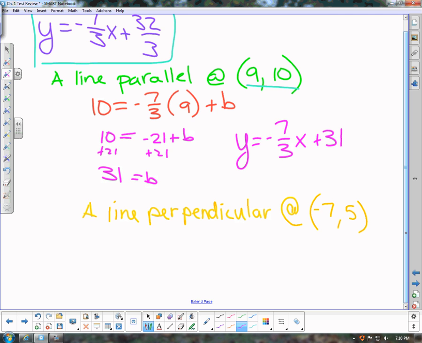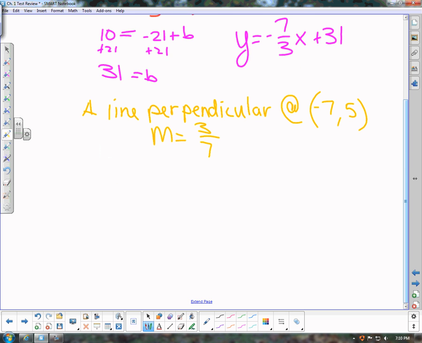In our next example, we want to go with a perpendicular line to that one. And remember, with perpendicular lines, the slope has to be the opposite reciprocal, so a positive 3/7. And so if we were going to go through the point (-7, 5), we would have 5 equals 3/7 times negative 7 plus b.